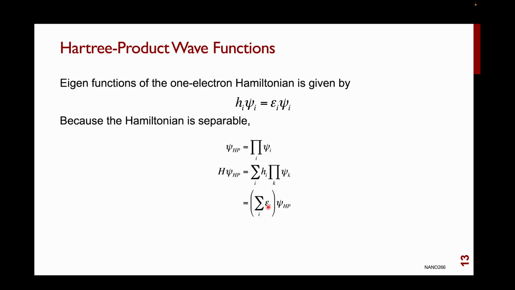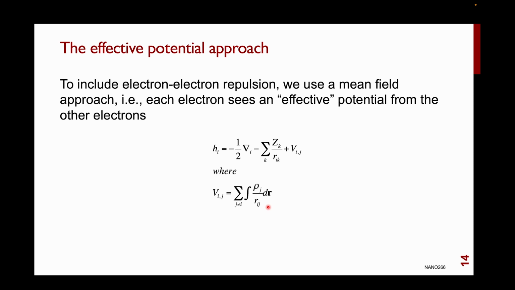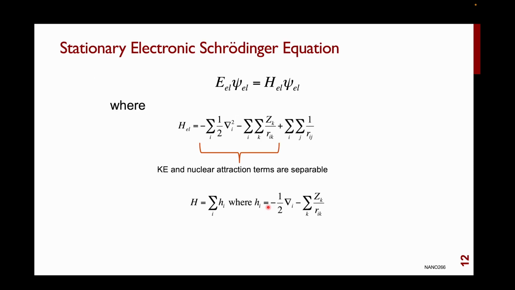Okay. Now we have one remaining problem, right? As I mentioned, this part is separable, but this part is not, because this is the interaction of that one electron with every single other electron. You cannot actually separate out this part into a separable function by itself.